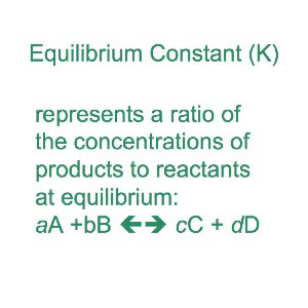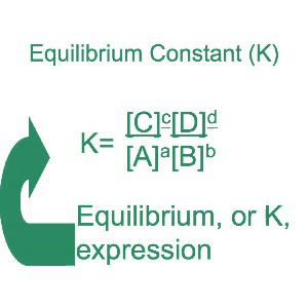And to do that, we are going to take the products, put them in the numerator, and the reactants and put them in the denominator. We're going to take the products and multiply them by their concentrations, which have been raised to the power of their coefficients.